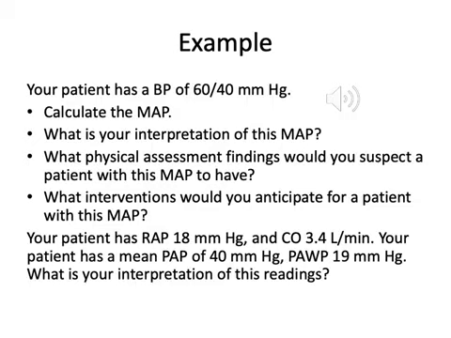What intervention would you anticipate for a patient with this MAP? Okay, plus we have more readings, we will have them later on. We will talk about it later, but for now just calculate the MAP and give me your interpretation of the results, the intervention, and further assessment that you might find in this patient.